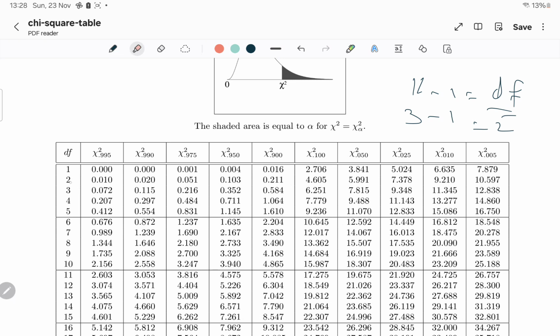So here is 2, and at 5%, 5.991. Okay, so that's how the degrees of freedom will be calculated. The degrees of freedom is 2 because there are 3 proportions, 3 minus 1 equal to 2. So we have to see degrees of freedom 2, and under 5% it is 5.991. Okay, that's how we will be looking.